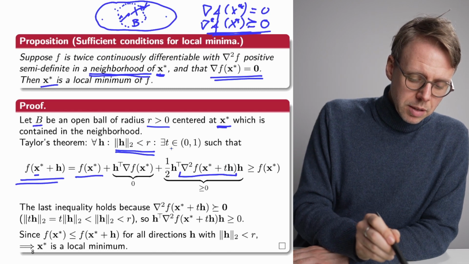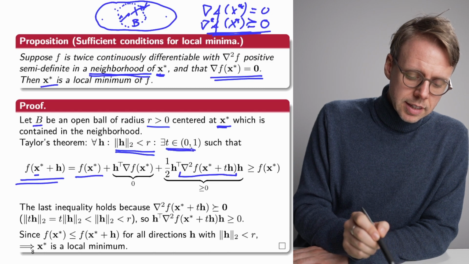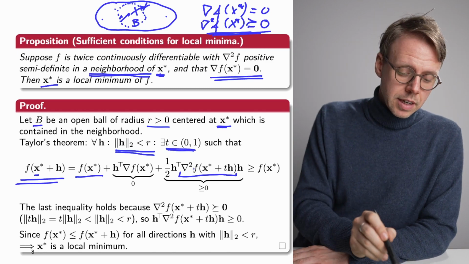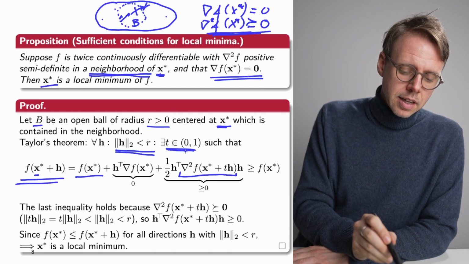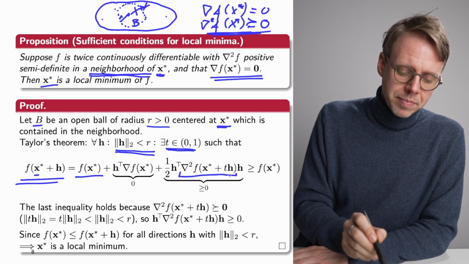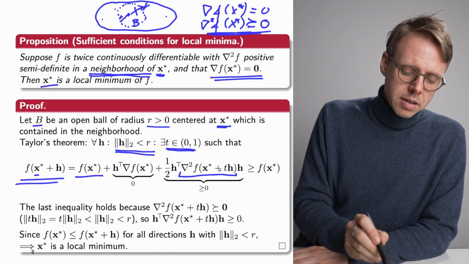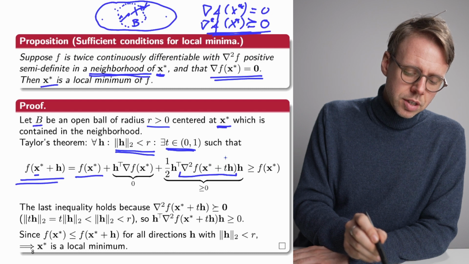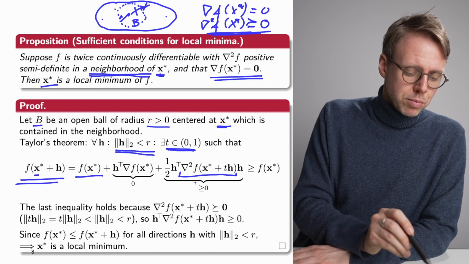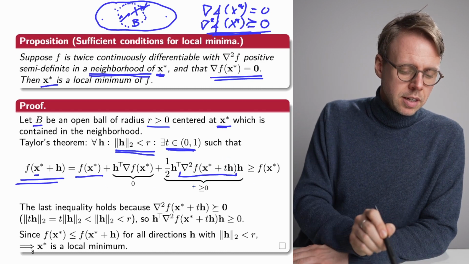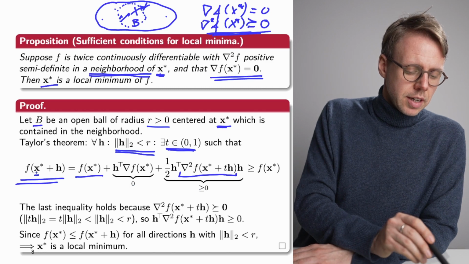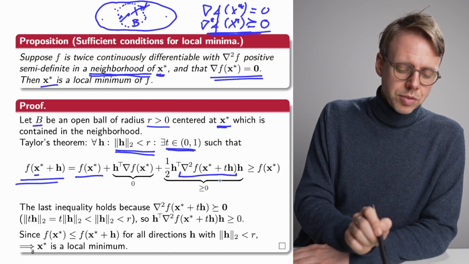And that we do by saying that there exists, well, Taylor's theorem, some scalar t between 0 and 1, such that x star plus th fulfills this property that we can write the function at x star plus h as the sum of these terms.